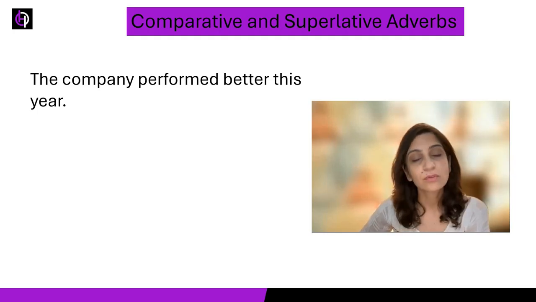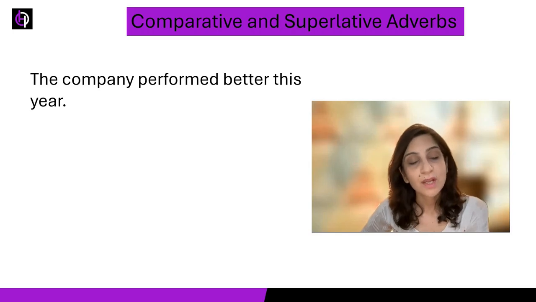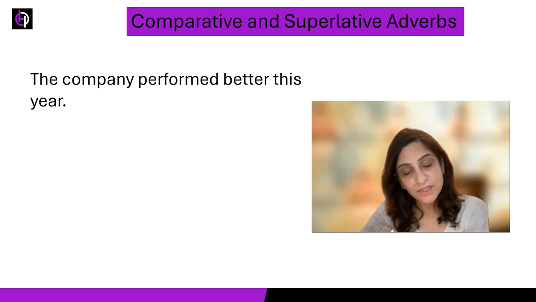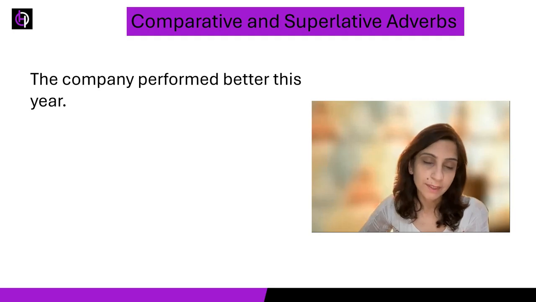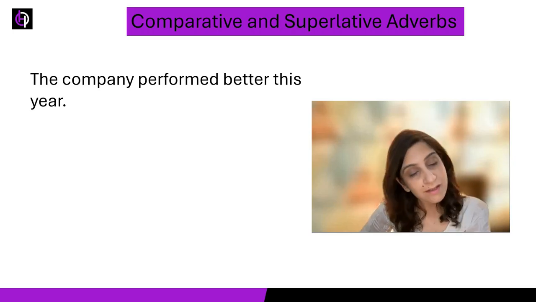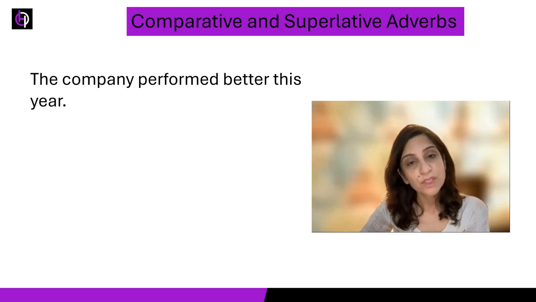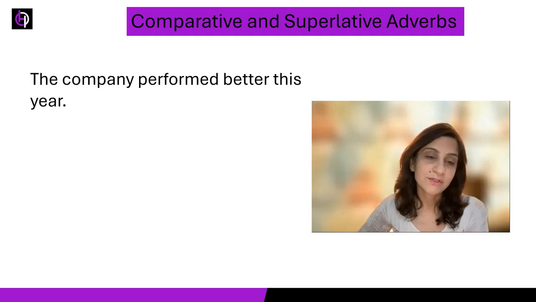There are a lot of adjectives which have a similar usage as an adverb. A lot of adjectives are converted into adverbs by adding ly, like quickly, slowly, quietly. But there are some adverbs which are used the way they are used as adjectives.